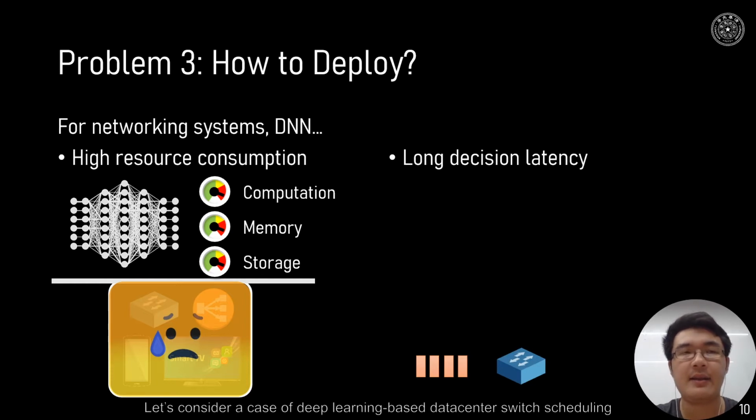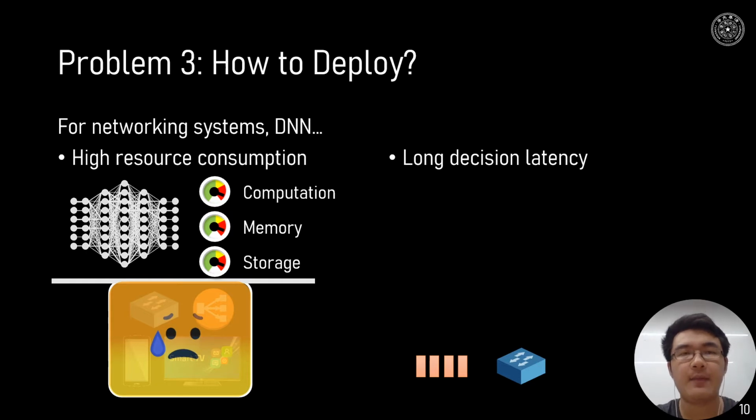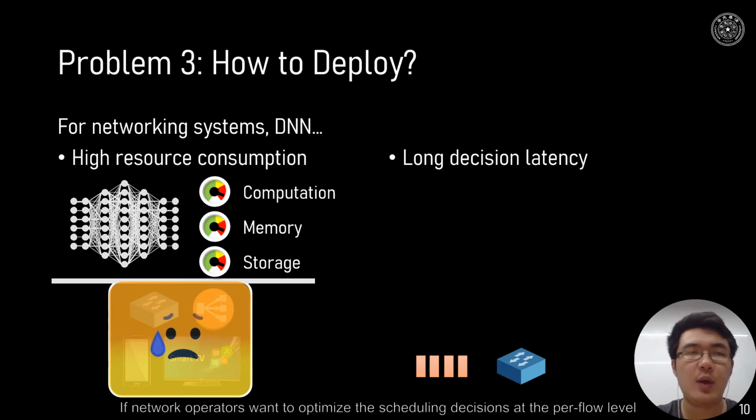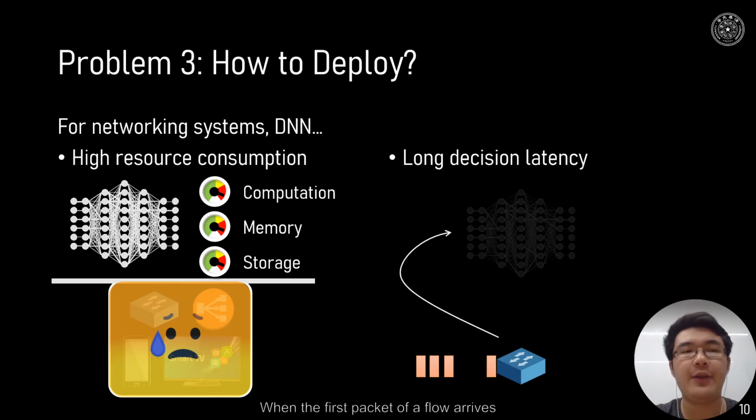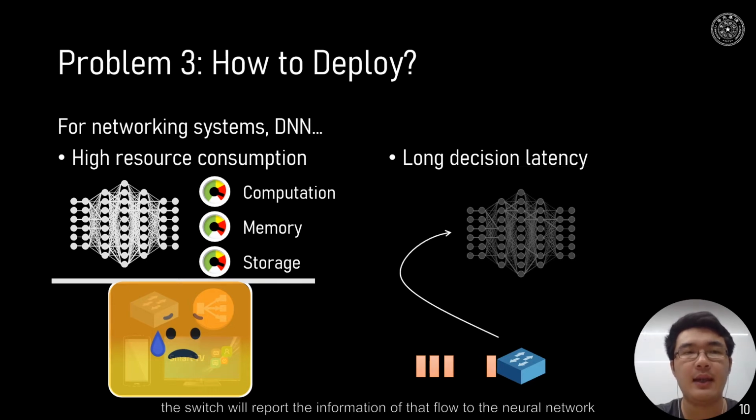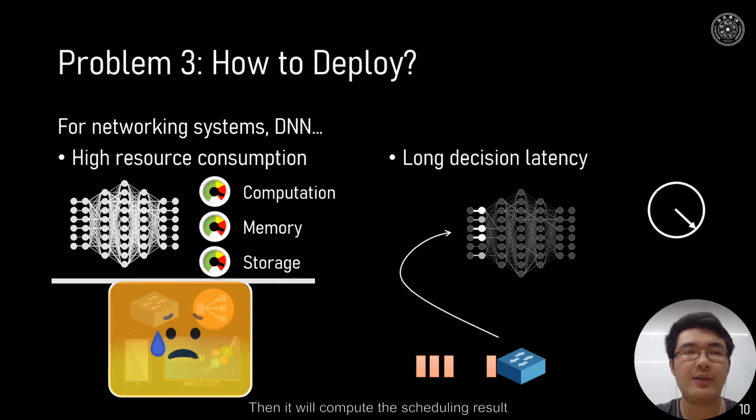Let's consider a case of deep learning-based data center switch scheduling. If network operators want to optimize the scheduling decisions at the per-flow level, what would the control loop be like? When the first packet of a flow arrives, the switch will report the information of the flow to the neural network. Then it will compute the scheduling result.